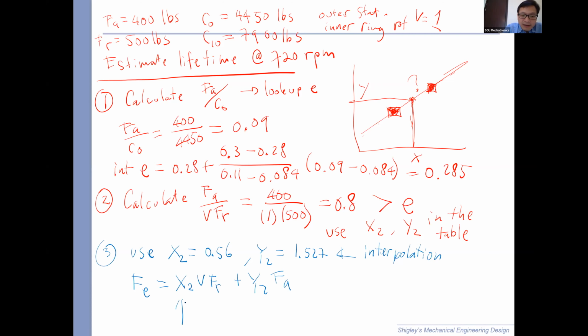Notice X2 and Y2 is basically a multiplier, right? It's kind of like the weight. Y2 multiplied by FA, X2 multiplied by FR.